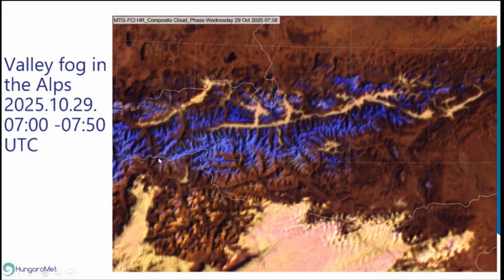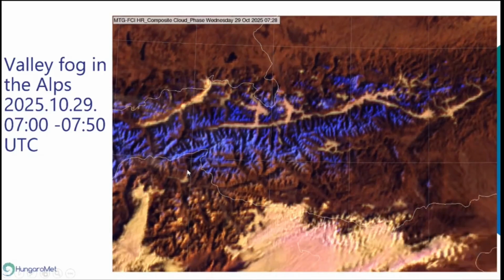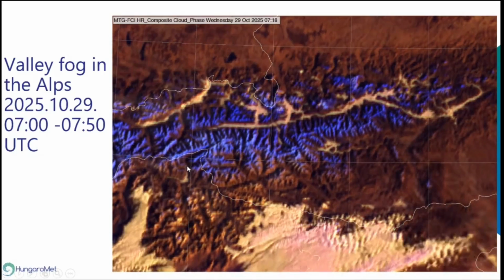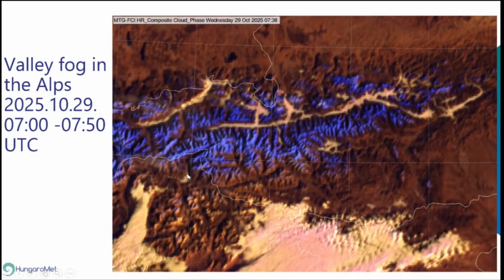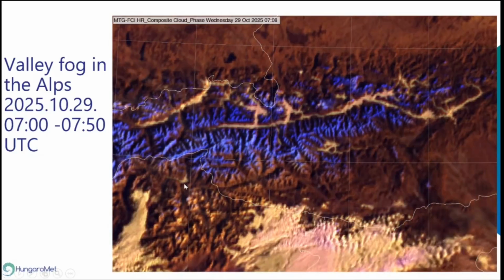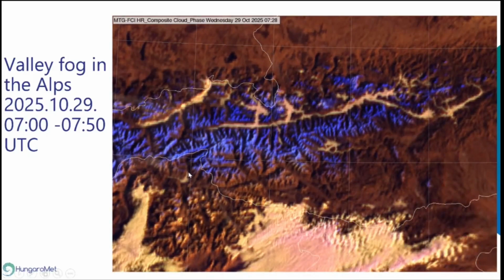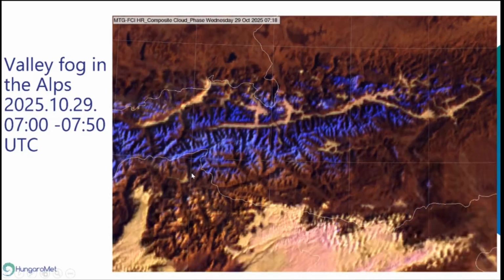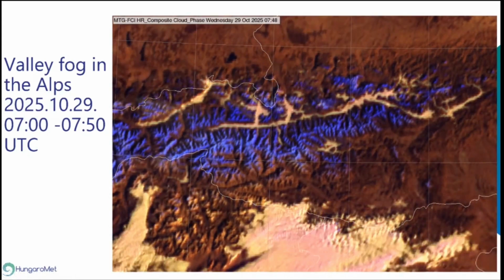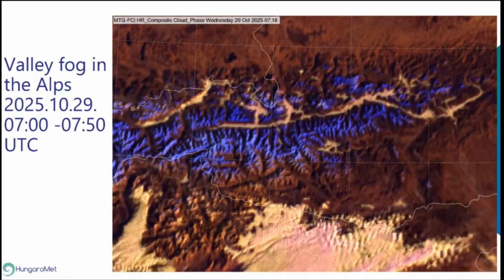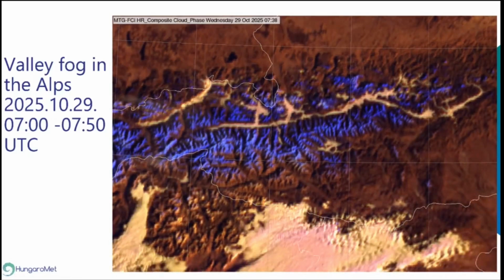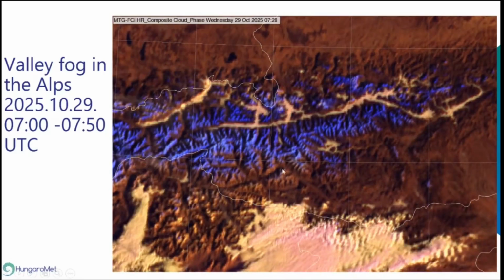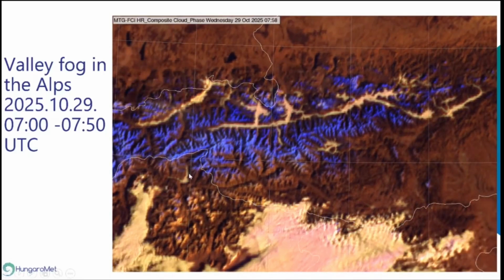It's early morning, and we have the shadow of the mountain, and we just don't see the fog here. I don't think it's moving into the valley, it's just a shadow that is disappearing when the sun is getting higher and higher. I think this is very interesting because with some small things like a valley fog, we would think that there is nothing in here, but actually it's there.